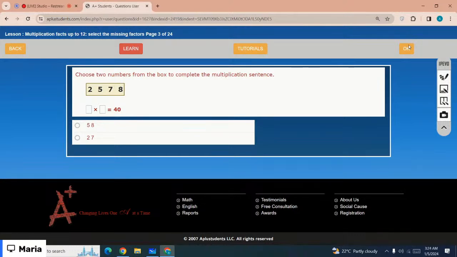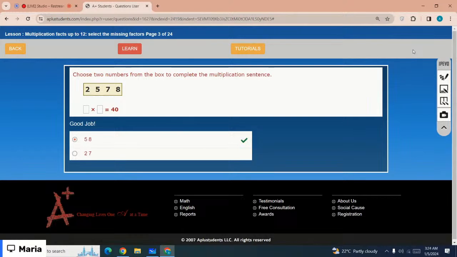Very good. 8 times 5 equals 40. Got it? The correct option is 8 times 5 is 40. Option 1 is the correct option.